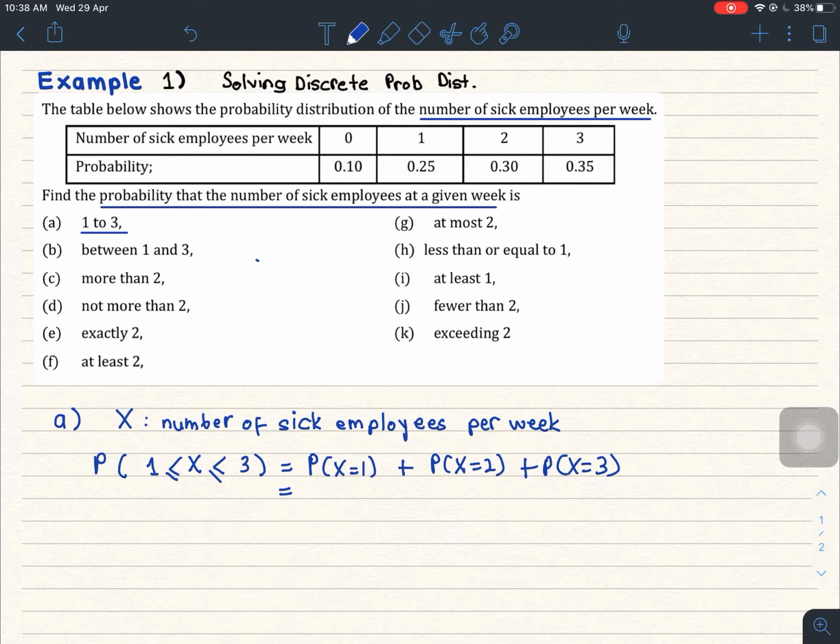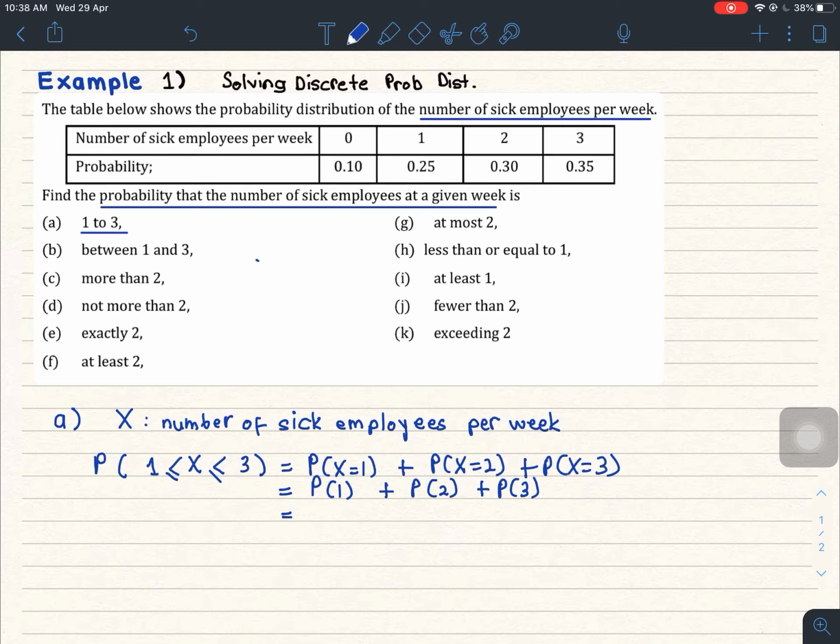You can always write the probability of X equal to 1 in this form: P1 plus P2 plus P3.